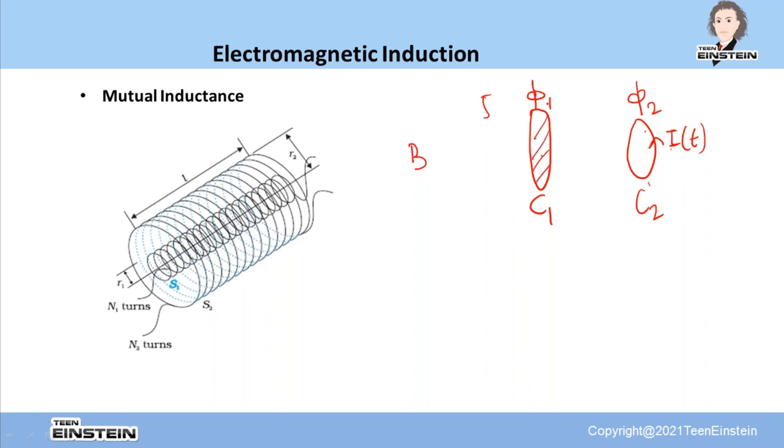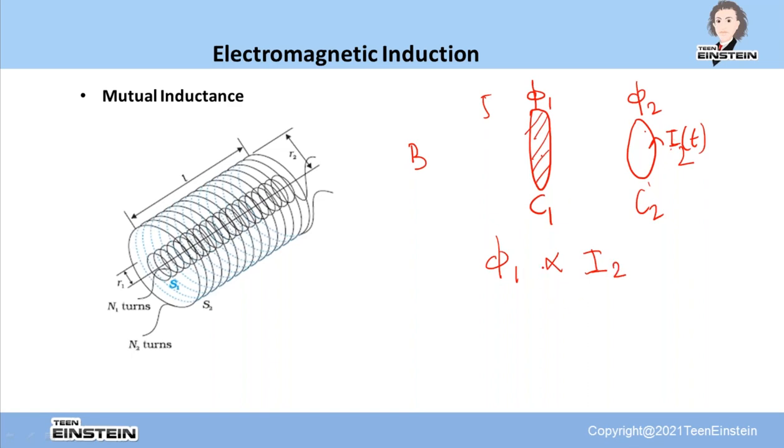Since the area is different here, the flux linked in this also will be different. But here you look, the flux linked in either of these two coils will be proportional to the current in the other coil. So suppose the flux linked in the C1 coil is phi 1, this will be proportional to the current I2 flowing in the coil C2.